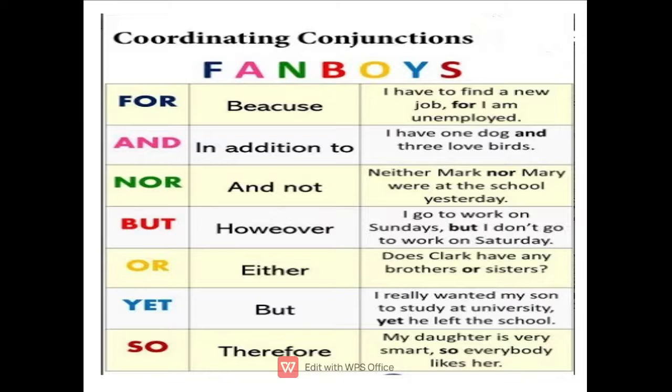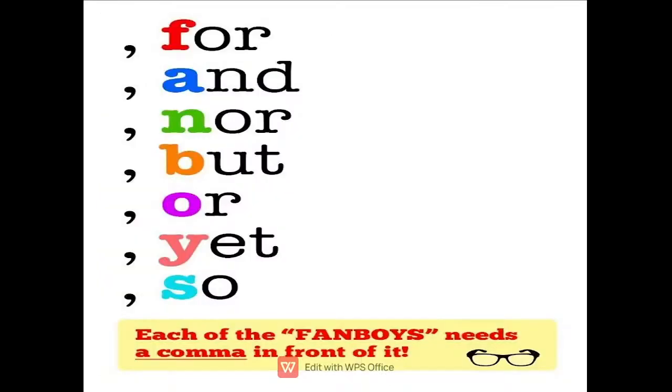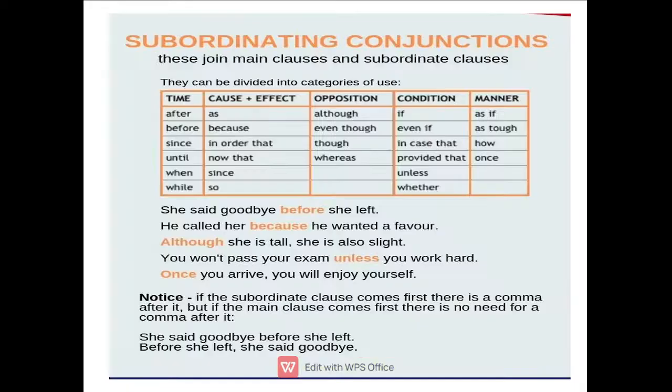But when you are talking about reason first, effect later in your sentence, then you will use the conjunction so. And when you are talking about reason in the later part of the sentence, then your conjunction word will be because. So for, and, nor, but, or, yet, so, they are your FANBOYS.